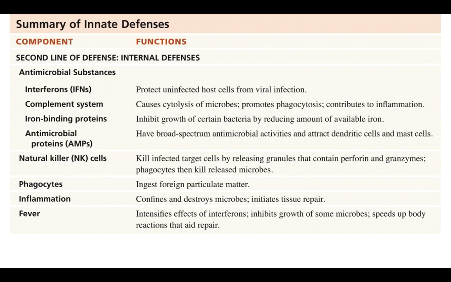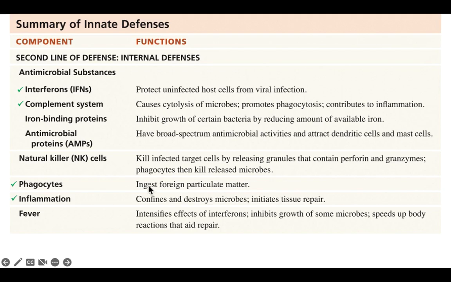Second lines of defense, we're going to focus in on a few of them. We're going to talk about interferons, and these are proteins produced by cells that can help protect from viruses. There's a system called complement, which can help destroy microbes. We're going to talk about different types of phagocytes, which are cells that can ingest foreign matter like microbes.